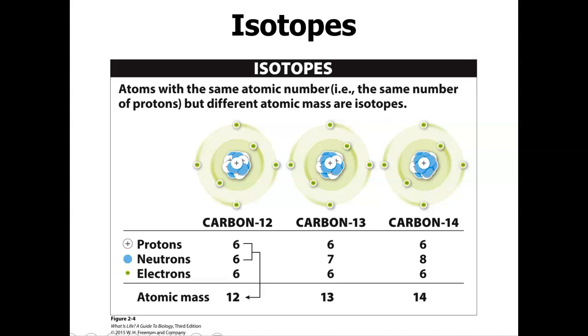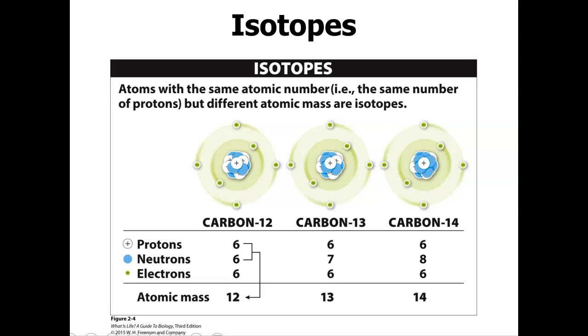With some elements, you're going to have more neutrons than the normal naturally found element. So carbon normally has 6 neutrons, 6 protons, and 6 electrons. That atomic mass, since we only take protons and neutrons, is going to be 12. However, carbon can be found in a form such as carbon-13 and carbon-14.